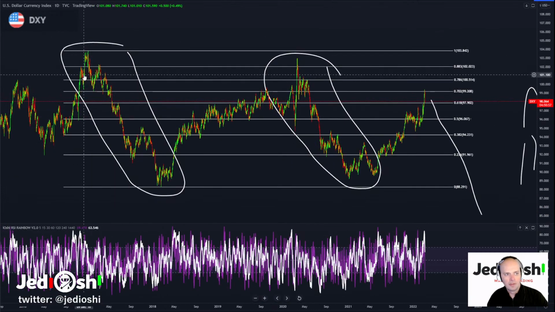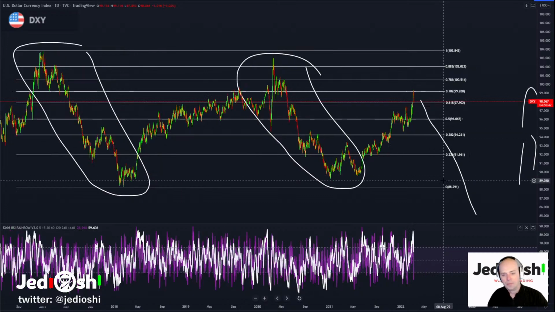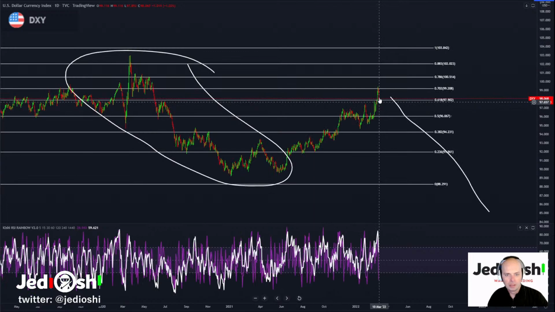Pretty thick, multiple days up here, multiple days up here. Even this had a couple days, but then it ranged here. Does this need a few days to paint, kind of give us some thickness here before further fall off? So we'll see that too. But we are off the highs, at least for today. So that's what's interesting, I think. And yeah, so that's the dollar where we are.